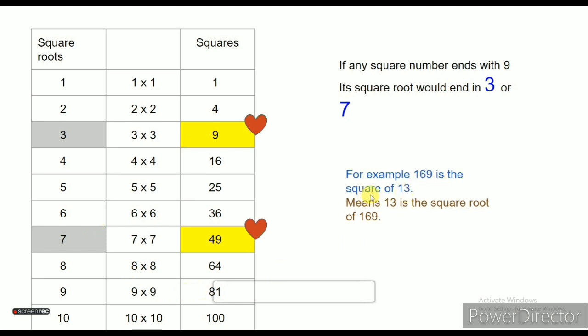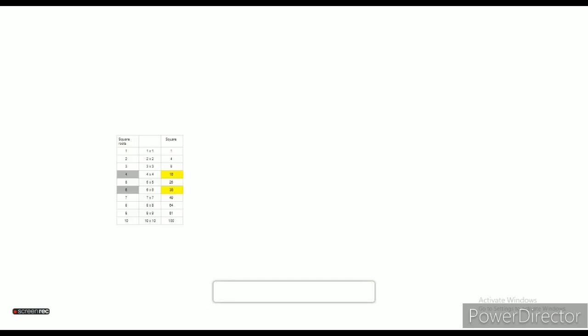For example, 169 is the square of 13, meaning 13 is the square root of 169, and it is ending with the number 3. So, we can clearly see that it is ending with number 3.